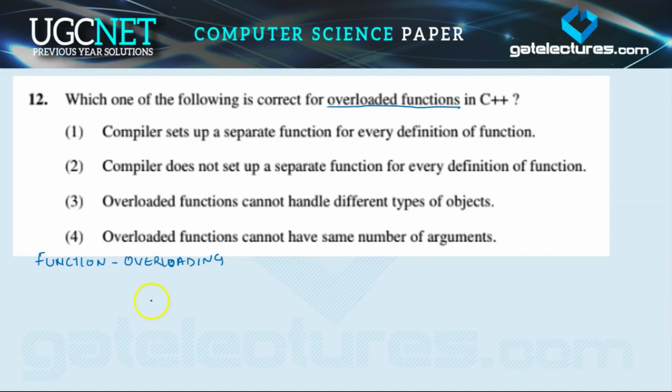Now they ask the question that if function overloading is present in your program, then which condition holds true for that? Whenever you call the overloaded functions, the compiler determines the most appropriate definition to use by comparing the argument types you use to call the function.